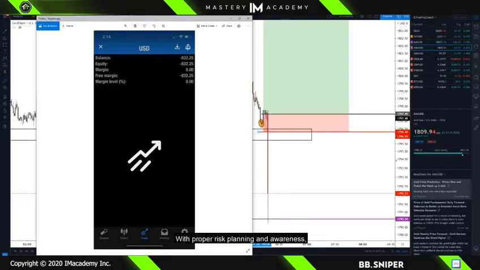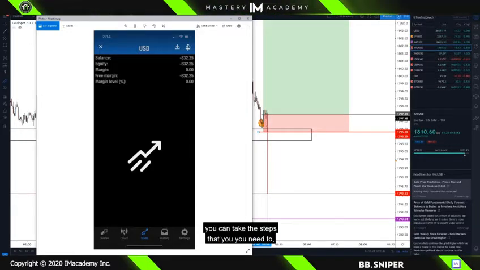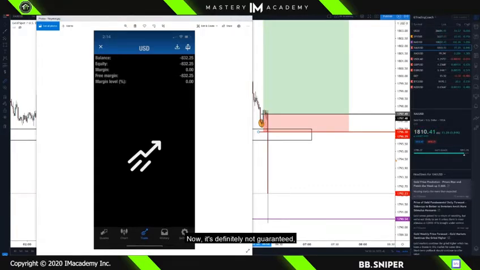With proper risk planning and awareness, you can take the steps that you need to in order to minimize the possibility of experiencing these types of losses. Now, it's definitely not guaranteed that in your entire experience being a market participant you'll never run into some sort of slippage or market gapping.